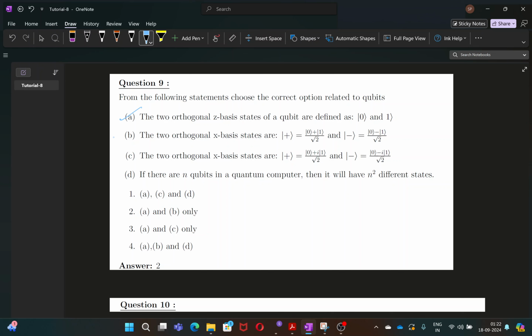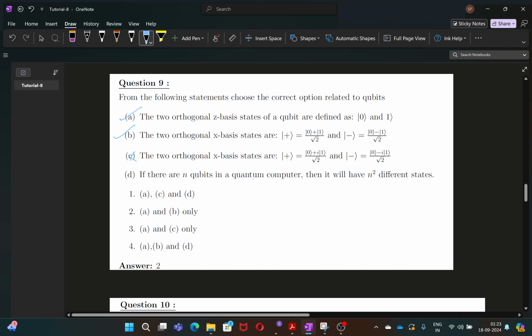So these are orthogonal x basis states, given by a linear combination of both the states |0> and |1>, as sir asked. The option saying x basis states are (|0> plus i|1>) divided by root 2 is not correct, because option B is correct.